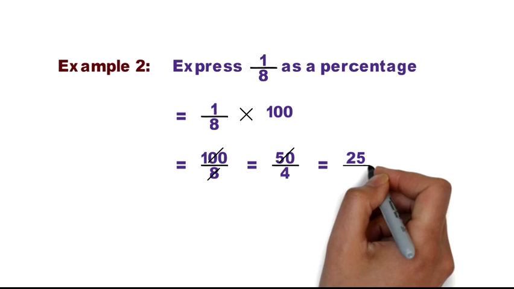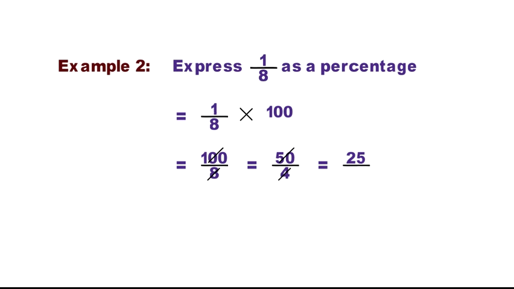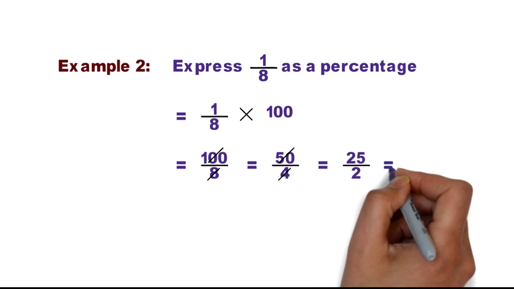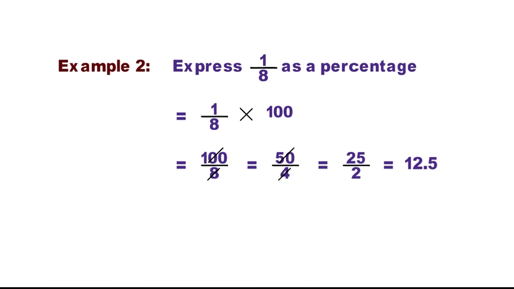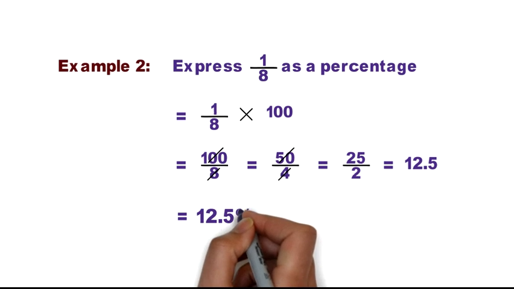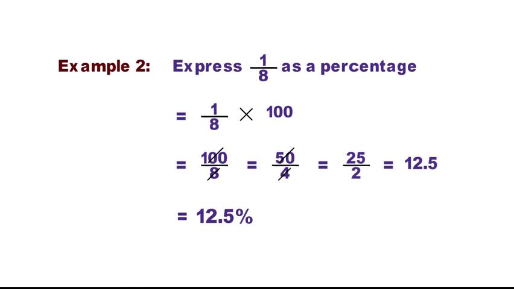And 2 divides 4 gives us 2. 25 divided by 2 gives us 12.5. So, this is equal to 12.5%. In these 2 examples, we have learned how to convert a fraction to percentage.